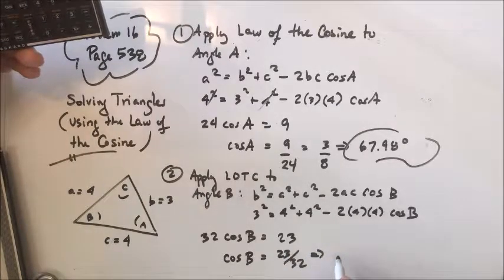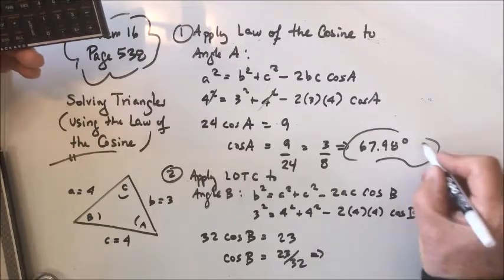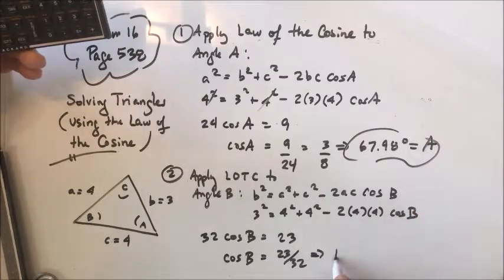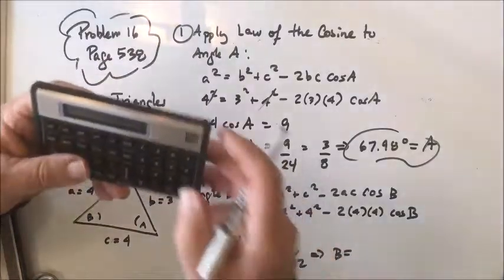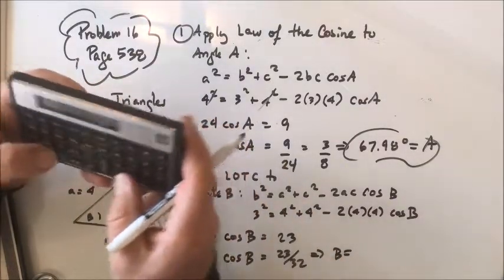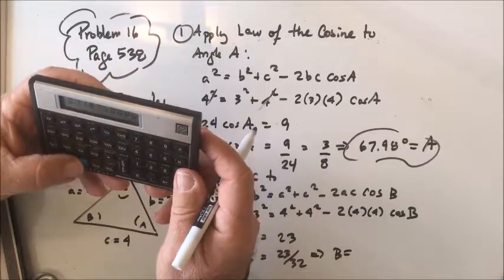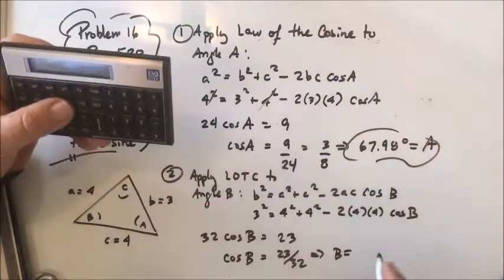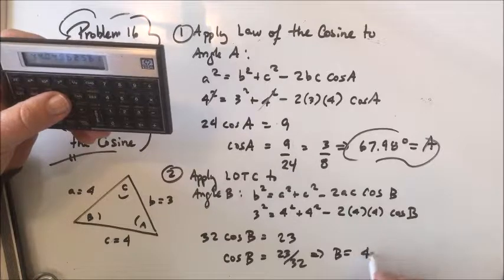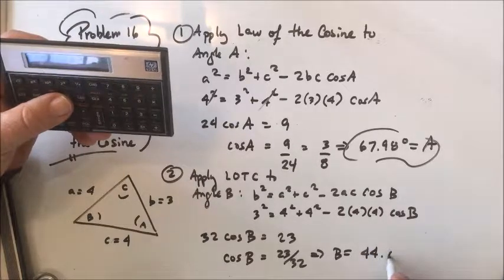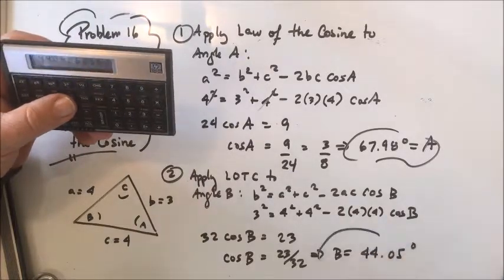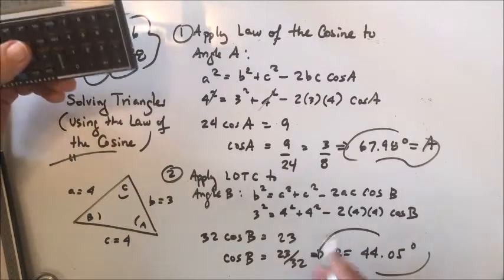That's going to say that B equals, taking 23, dividing by 32, and taking the arc cosine, I'm going to get 44.05 degrees for B. Then how will I get C?